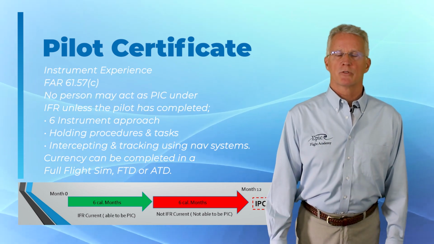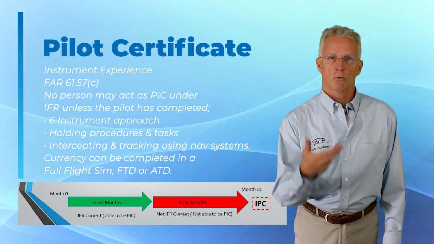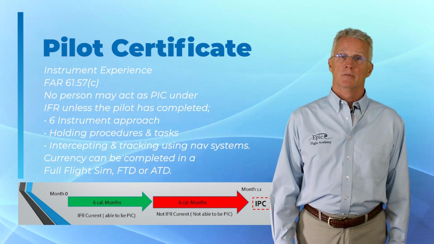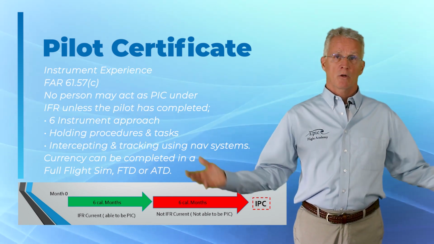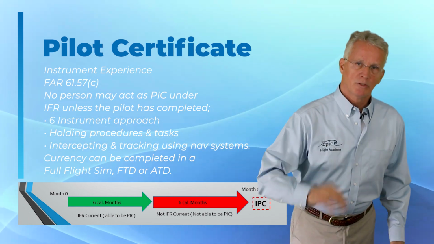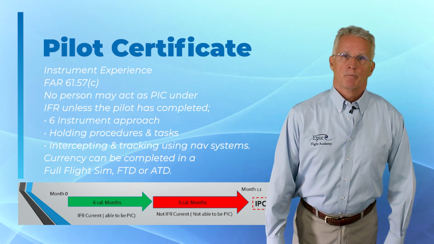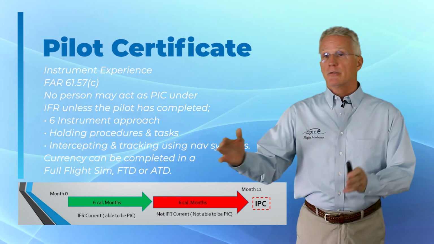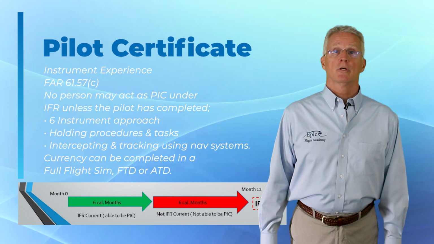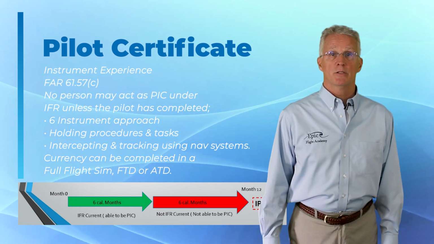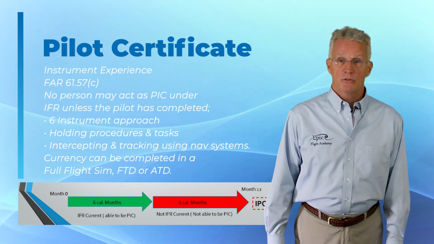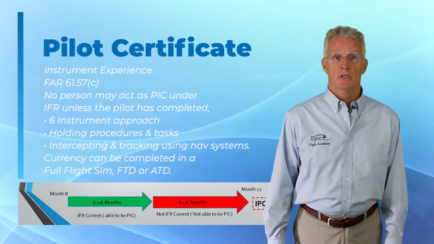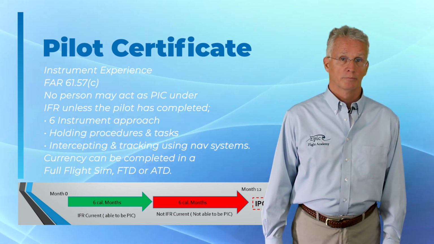That's when I should have met my 61.57 Charlie requirements. Now, what if I didn't? What if it's just 7 or 8 months later? What happens? I want you to talk to your flight instructor about this. You have an additional 6 months to complete what is called an IPC, or an instrument proficiency check.